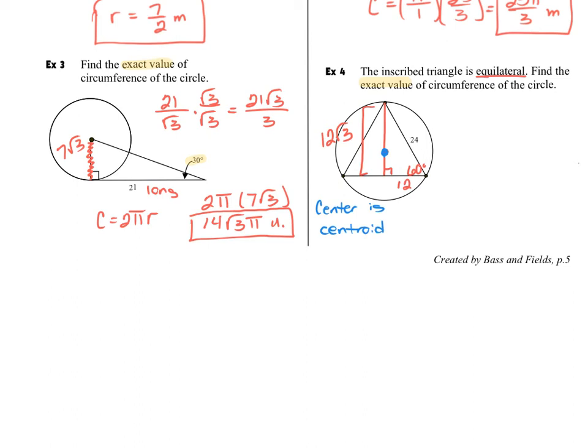And what we learned last semester is that the distance from the centroid to the vertex is twice the distance from the centroid to the side of the triangle. So if that's true, then what we can do is divide this up. We know that this is going to be 2/3 of that, and this is going to be 1/3.